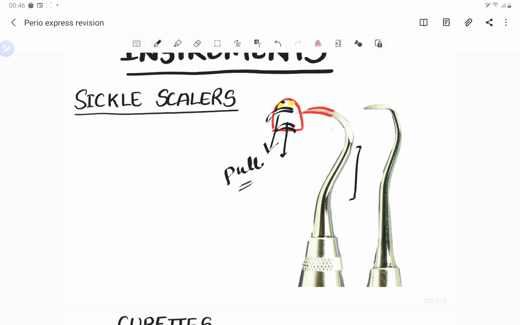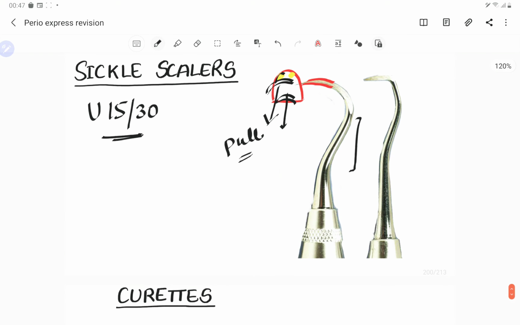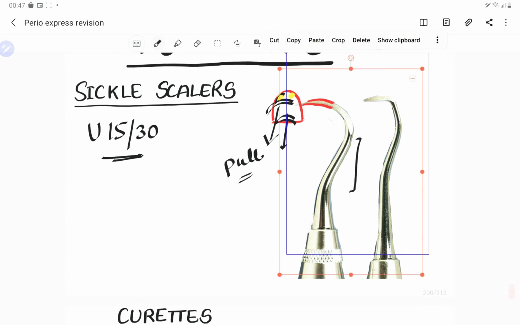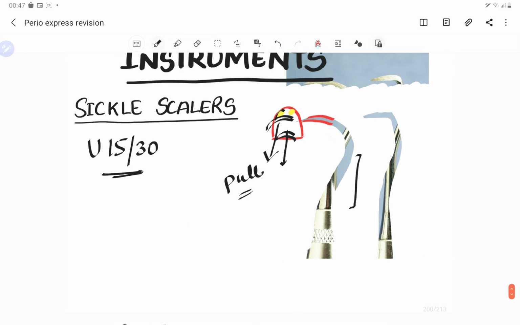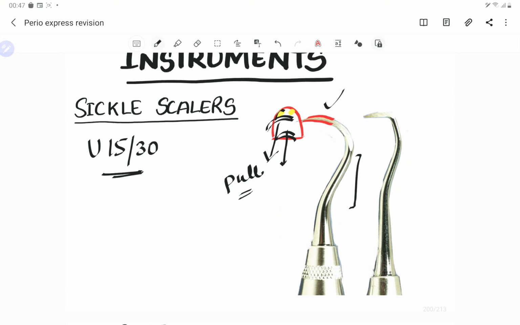So this typical diagram is a diagram for a universal scaler, the 15-30 scaler. This is the one which we use, and these are both the ends. One end is this one, guys, and another end is this one. Now we have got sickle with a straight shank.